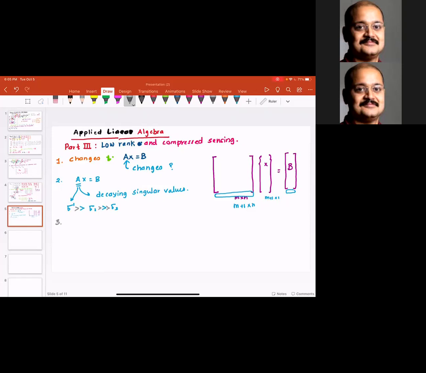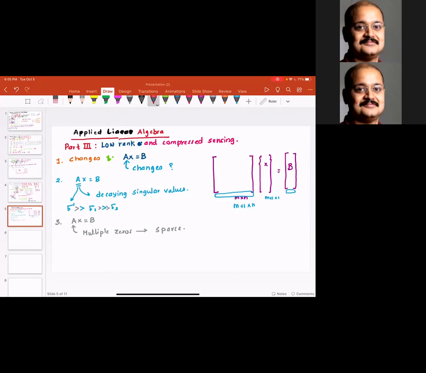The last part is what happens in the equation Ax = b when A has multiple zeros. In other words, your A matrix is sparse.